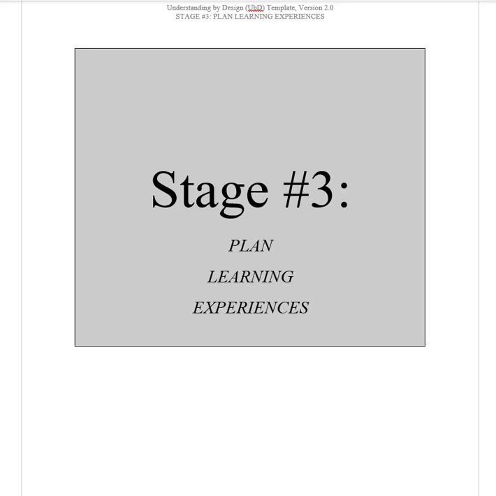Now, what you are going to do is take the transfer, meaning, and acquisition, and that's what this stage is going to be developed from. You want to make sure that those three items are presented in this plan.